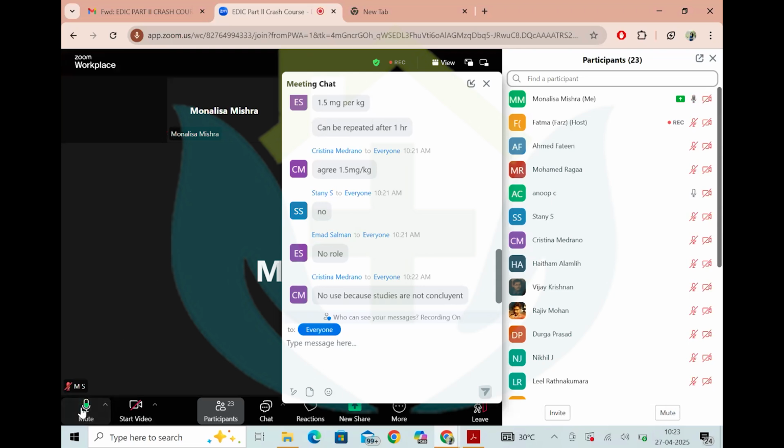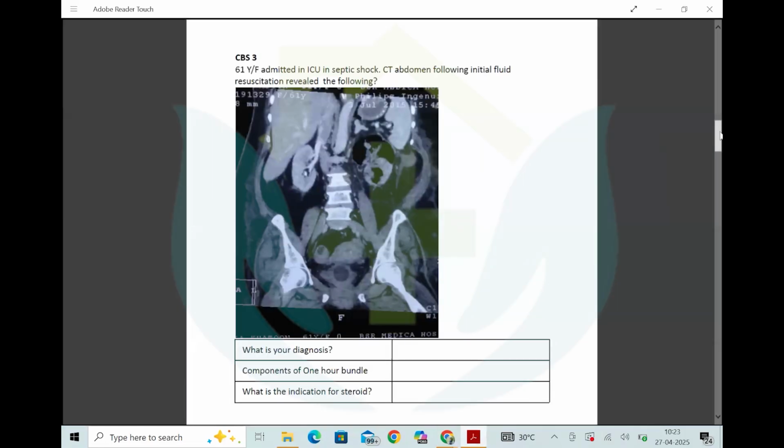So basically, they thought that because it's an antioxidant, it can actually help us in preventing free radical damage in sepsis and septic shock. That is why they thought that it might have some role.